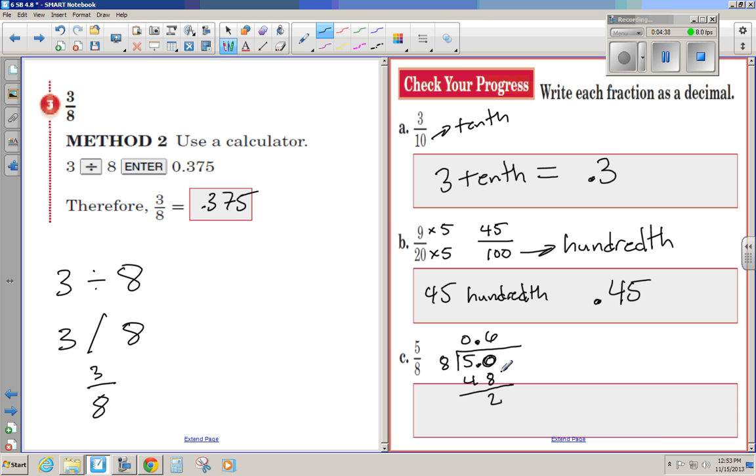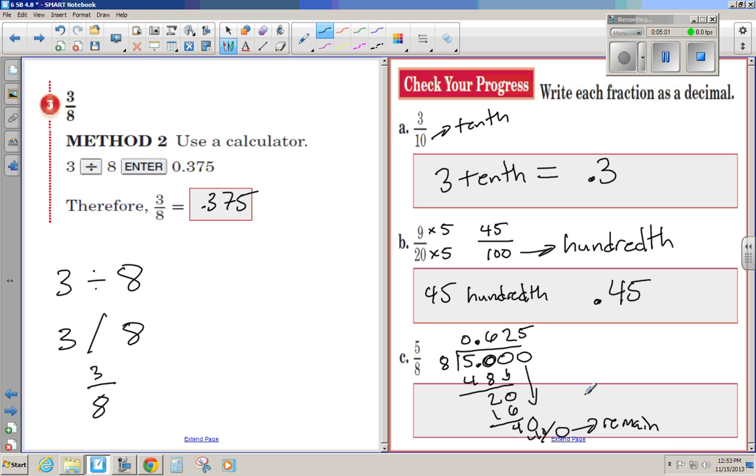Subtract, it's a 2. Annex another 0 and drop it down. 8 into 20 should be 2 times. 16. It's a 4. Annex another 0. 8 into 40, 5 times, with a remainder of 0.